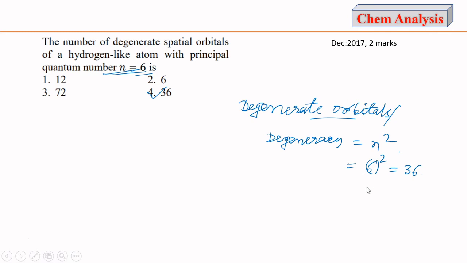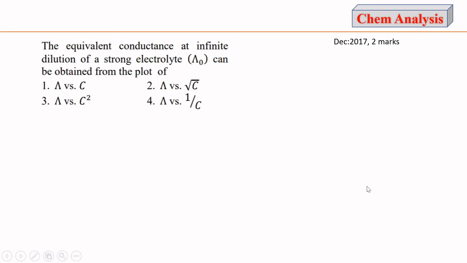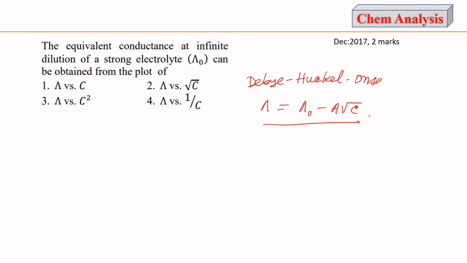So let's see the next question. This question came from dilute solution, and we have to tell about the condition from which we can identify the value of lambda 0, that is equivalent conductance at infinite dilution of a strong electrolyte. Now the variation of equivalent conductance or molar conductance of a solution with the concentration of that solution is like this, and this equation is known as the Debye-Huckel-Onsager equation.